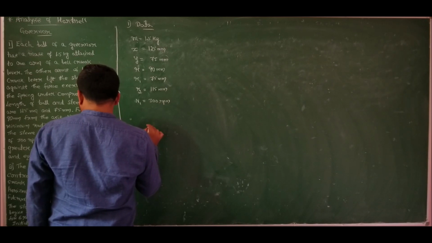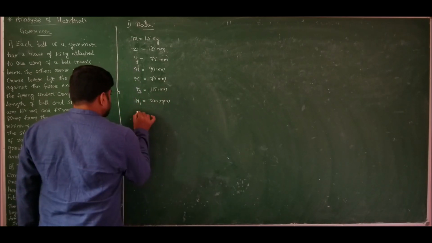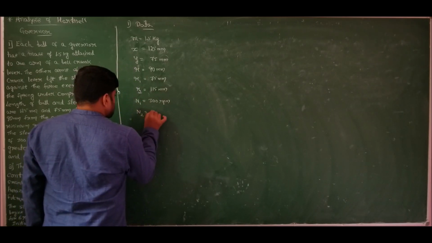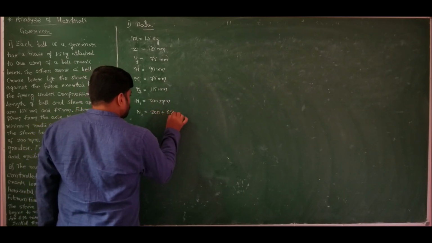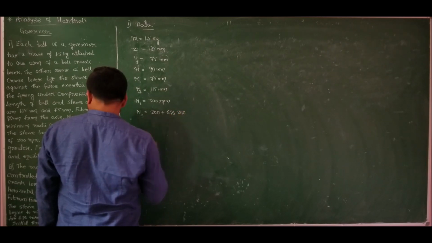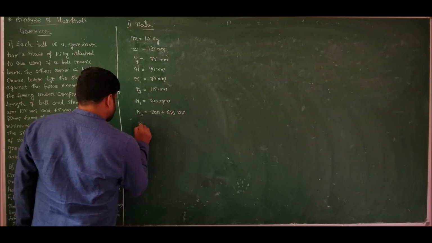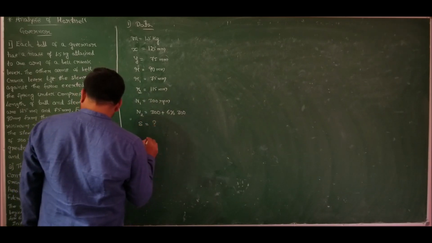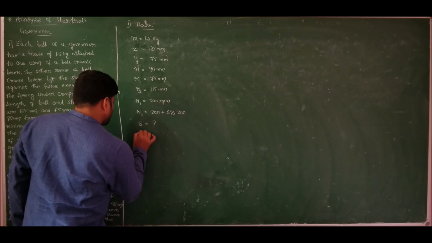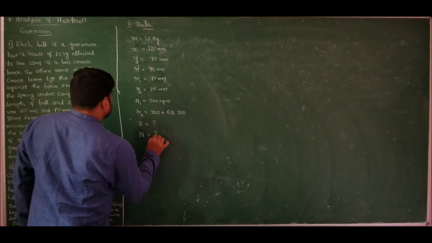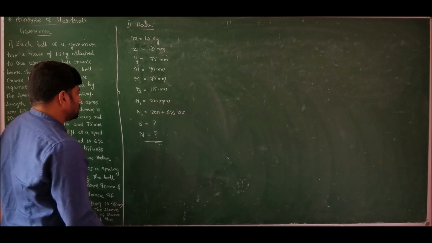The maximum speed is 6% greater, which means N2 is equal to 300 plus 6% of 300. We need to calculate the spring stiffness and the equilibrium speed N for the mean radius of 90 mm.